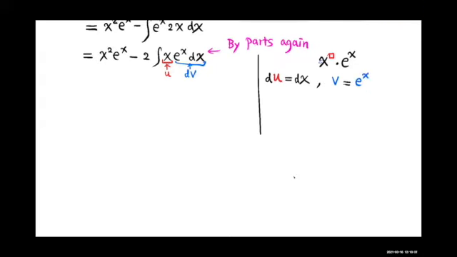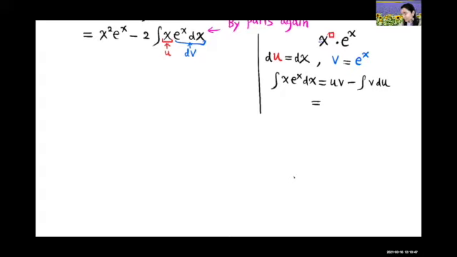So this integral x e to the x dx is equal to uv minus integral v du. So that's equal to x e to the x minus integral e to the x dx.